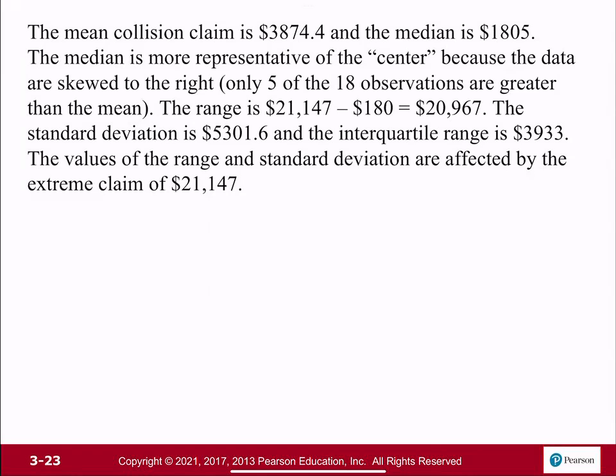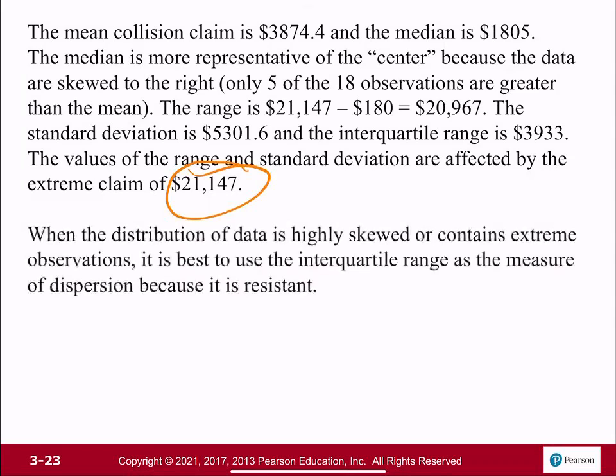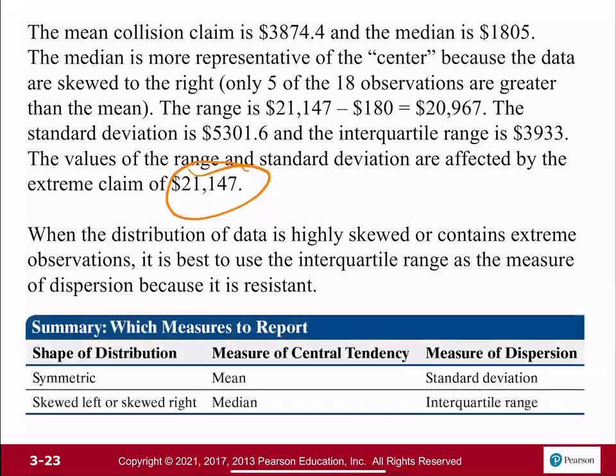So the values of the range and standard deviation are affected by the extreme claim of over 20,000. So when the distribution of the data is highly skewed or contains an extreme observation, it's best to use the interquartile range as a measure of dispersion because it is resistant.